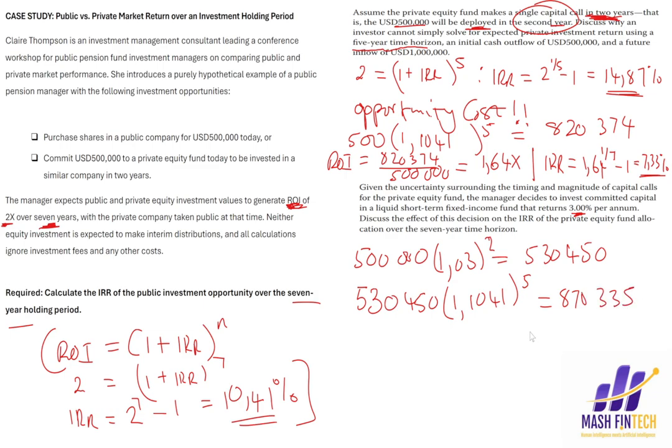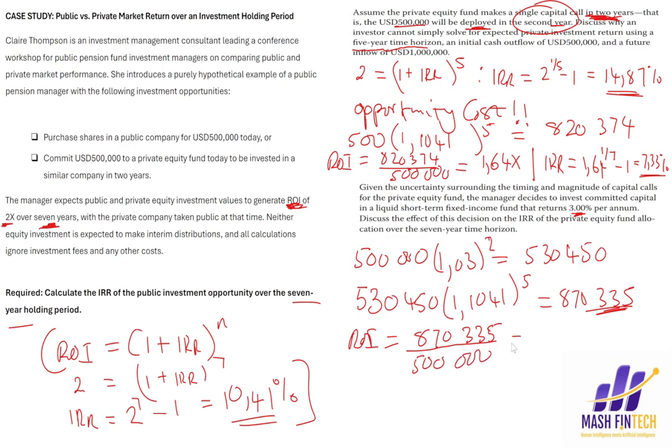And once you get this, to get the return on this investment, it's the money that you're going to sell your asset for at the end of its life, the cash inflow, over the cash invested. We invested 500,000 as our initial investment, which was 500,000.